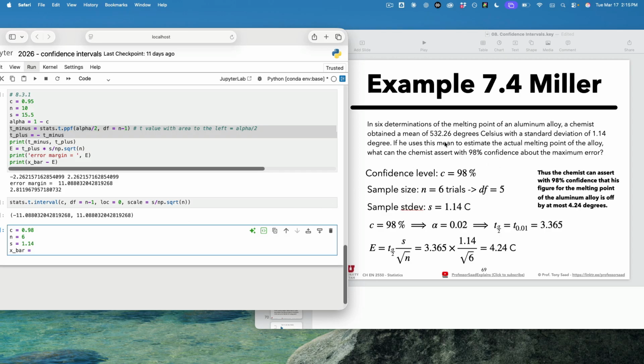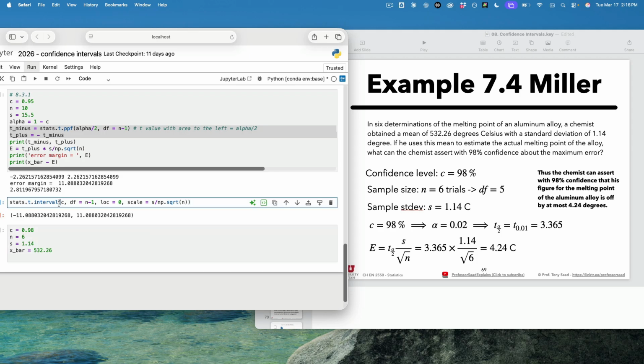Okay, but no, use this mean to estimate the actual melting point, and what can the chemist assert with 98% confidence about the maximum error? So we're going to do both. We're going to do the error and the mean estimate. So X bar is 532.26. I'm going to copy this here, put it down here.